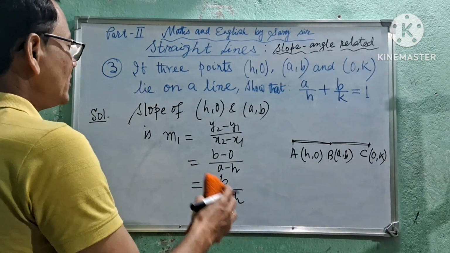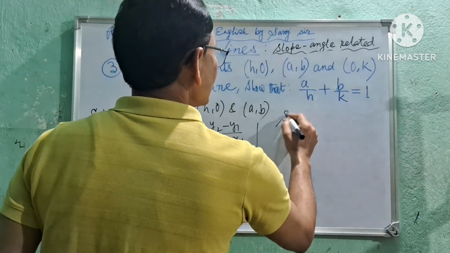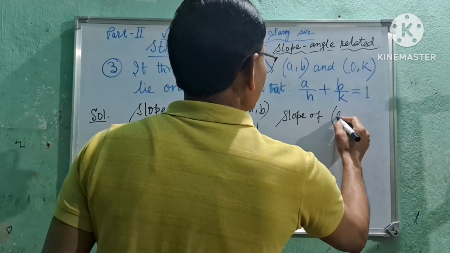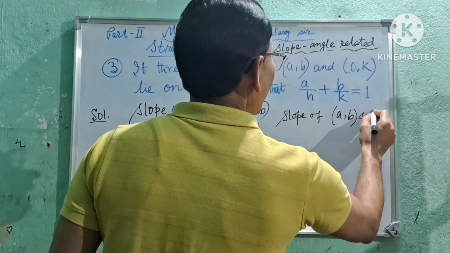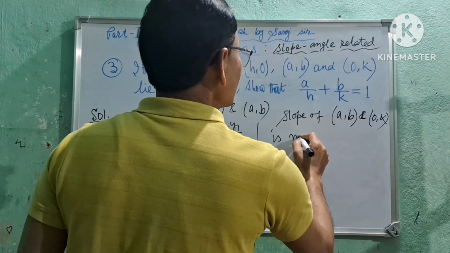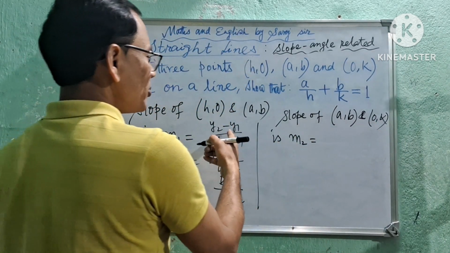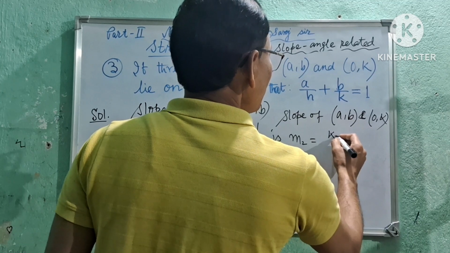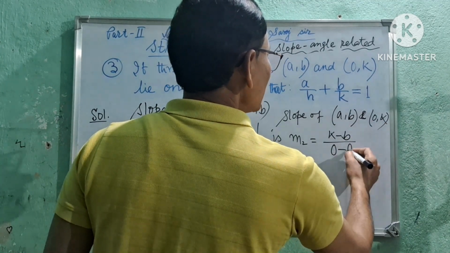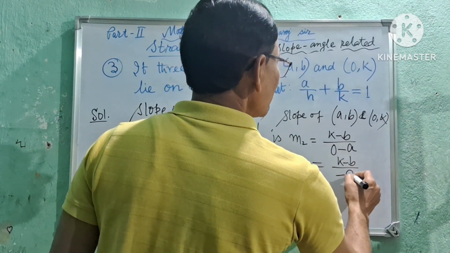On the other hand, the slope of (a, b) and (0, k) is M2, using the same formula, y2 minus y1, that is k minus b, upon 0 minus a. k minus b upon minus a.